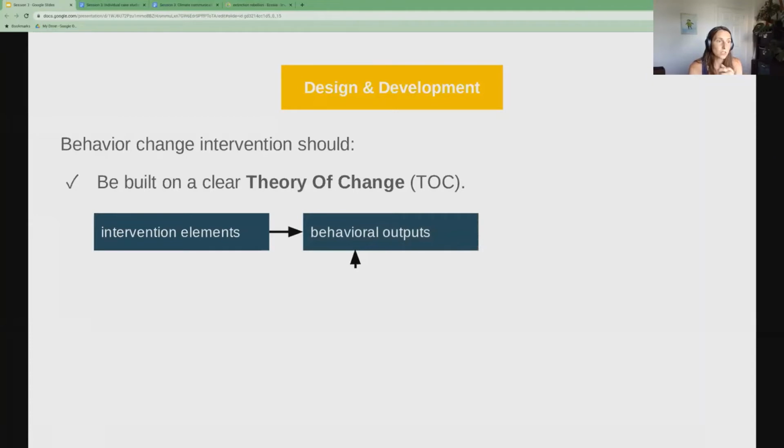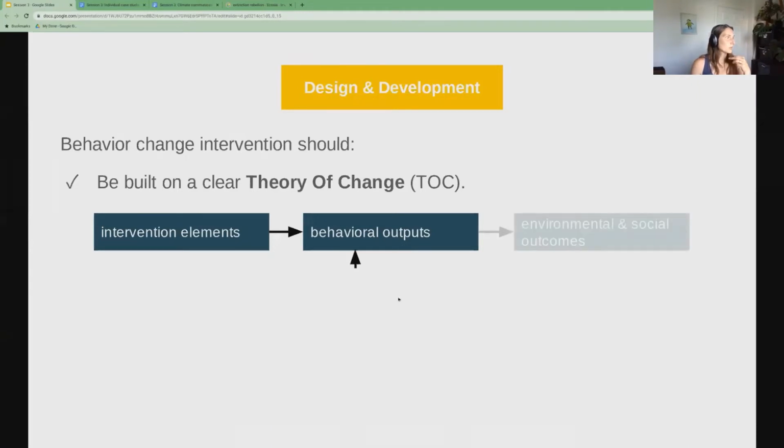We say, you start composting and you will get a discount, for example, on certain goods and items, or on taxes or whatever. So that is the intervention element that we thought up. And then the behavioral output is they are going to start composting. They are going to stop putting certain items on a pile and burning it. The behavioral output is they stop doing the burning and start putting their output into a composting unit.